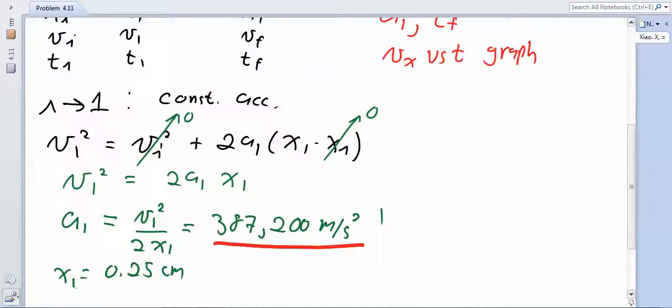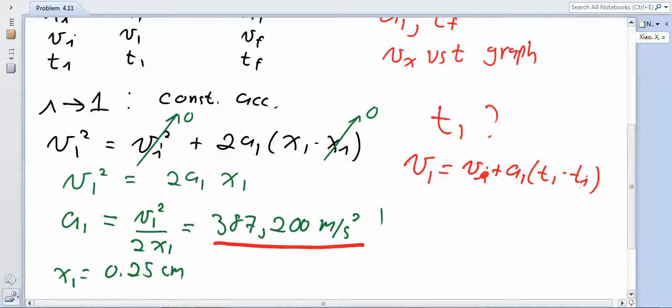Okay, so now that we've got that acceleration, we could use that to find out the value of t1, because that will be helpful for the second part of the problem. So we can use either the first or the second kinematic equation to find t1. The second one would actually be easier, and so that would tell us that v1 equals v initial plus a1 times t1 minus t initial. And again, marking down the terms that are equal to 0.